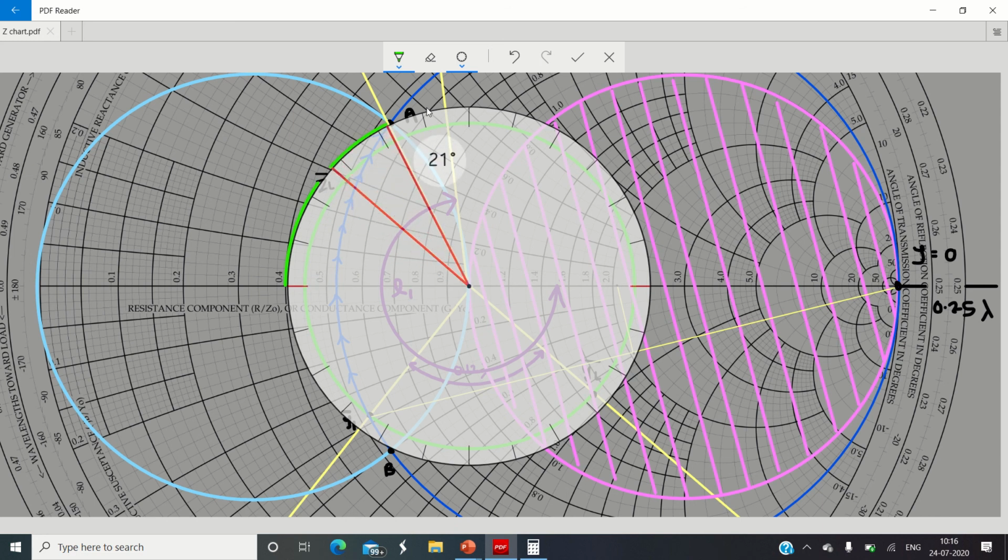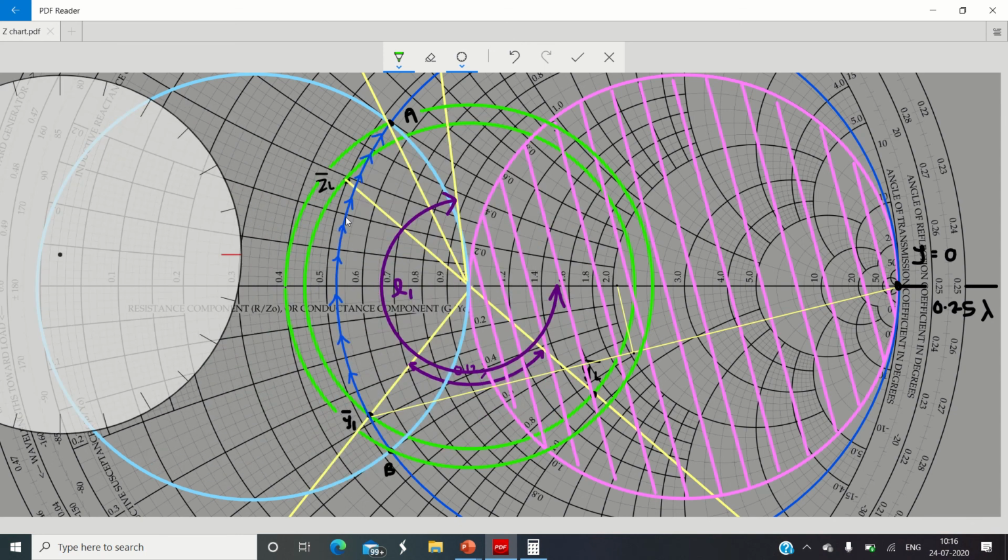I will draw it in this way and then continuously over here, so that I will show it in a continuous way. This bigger outer green circle is indicating the VSWR circle which is passing through point A.